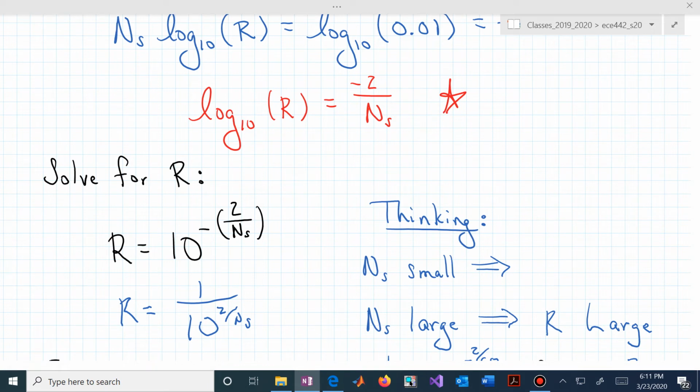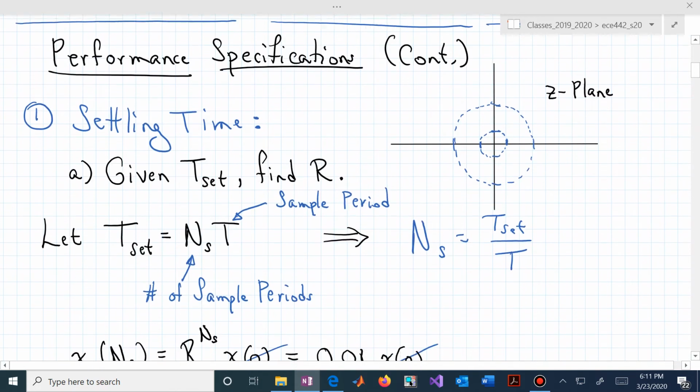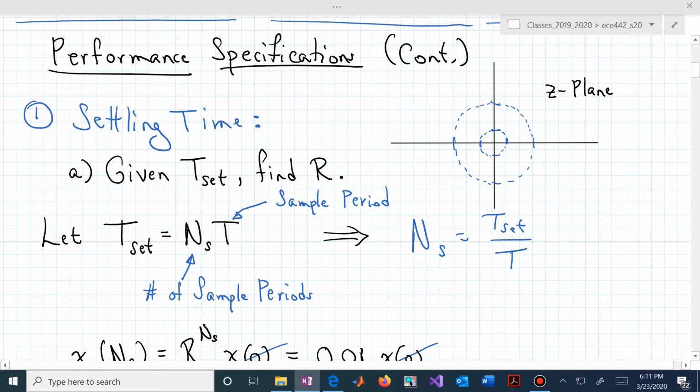Now, if n sub s is smaller than that, then r is also going to be small. Maybe I should say larger and smaller, because these are all relative, and it's maybe even easier to think about if you just think about what's going on here relative to large and small.